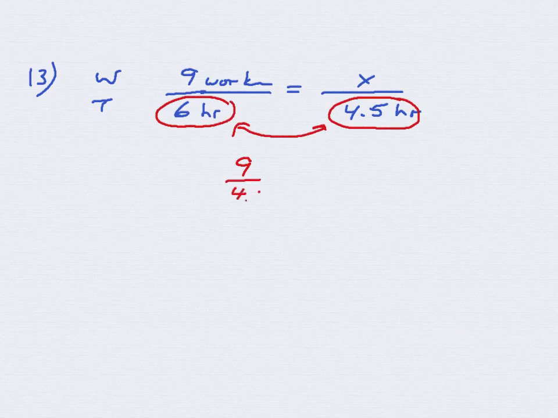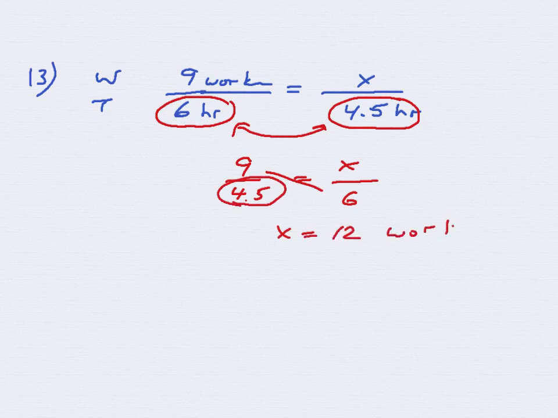So 9 out of 4.5 is going to equal how much out of 6? When you cross multiply and divide with this setup, you're going to get an answer of 12. And 12 is the number of workers. So let's read the question again.